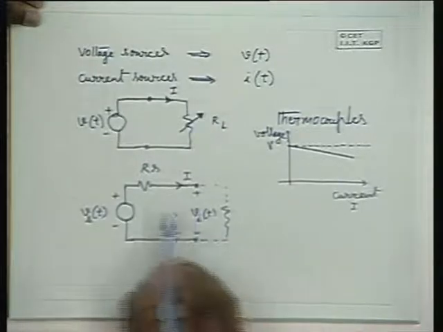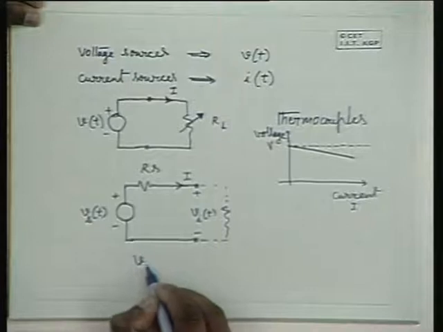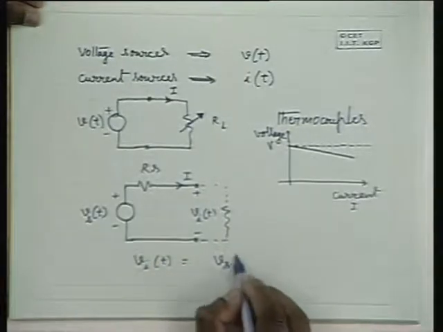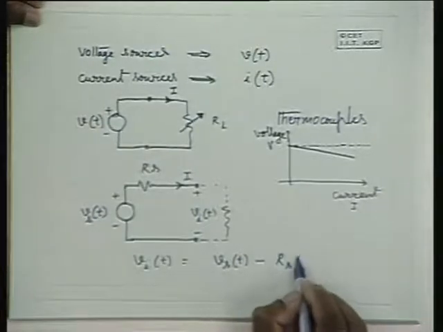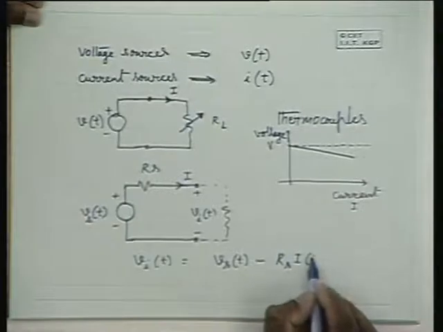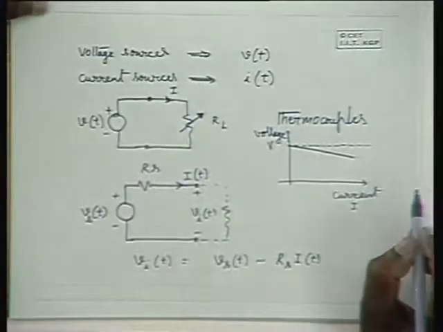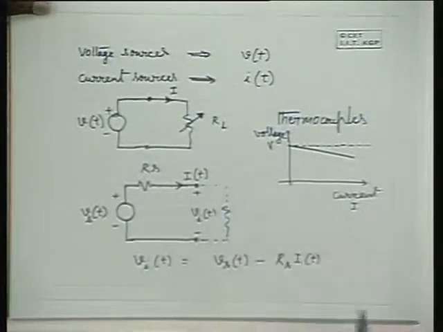How does V_T depend on V_S and I? Naturally, V_T is V_S minus R_S into I_T. I is also a function of time, because the voltage is time varying, and hence the current would also be time varying.